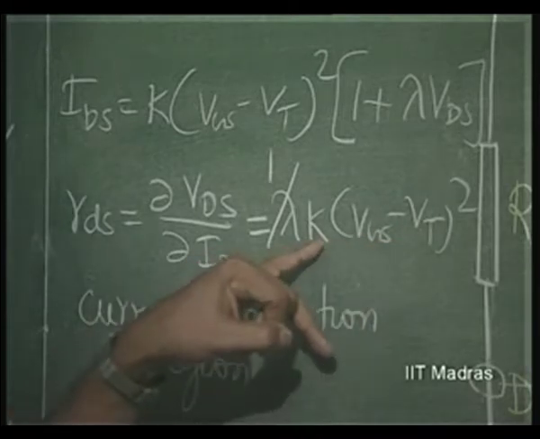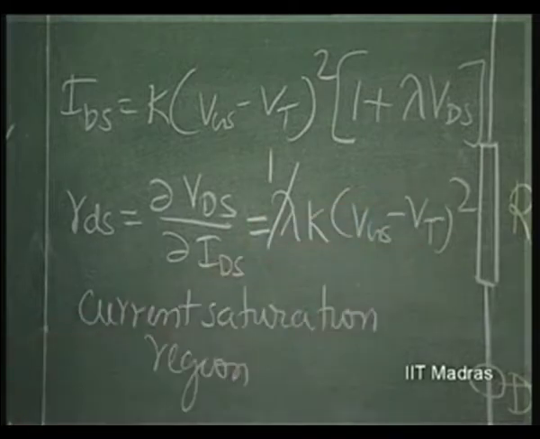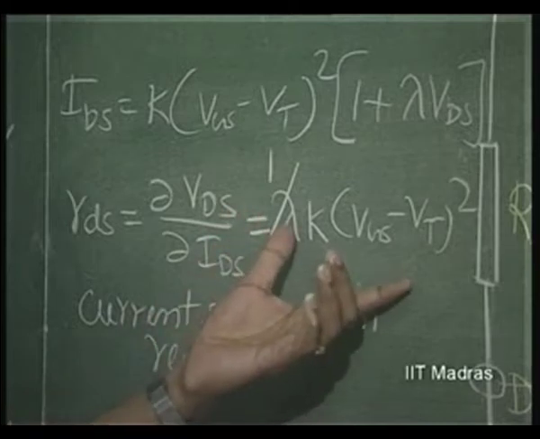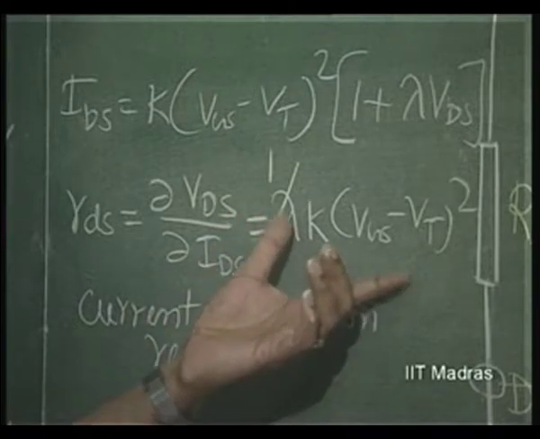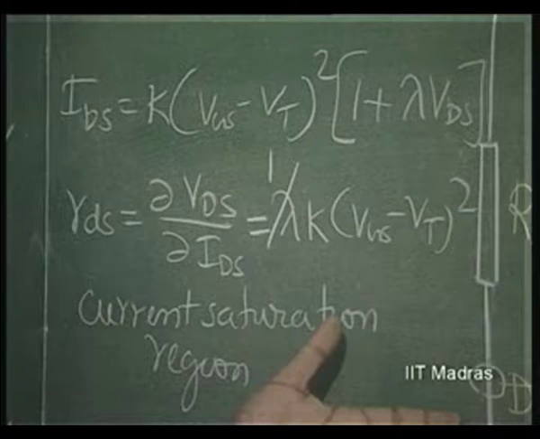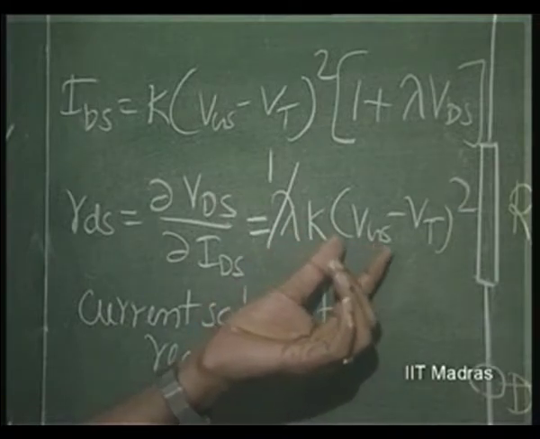Strictly speaking, K into VGS minus VT whole squared is really the quiescent current of the transistor, because you are going to evaluate it at a particular operating point.